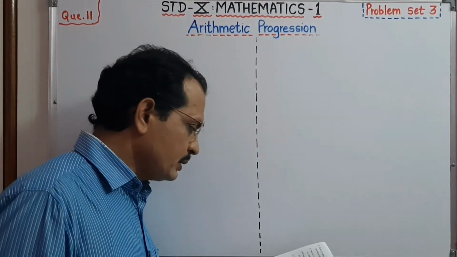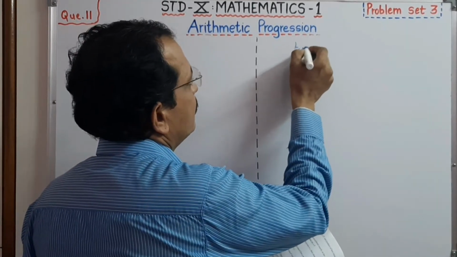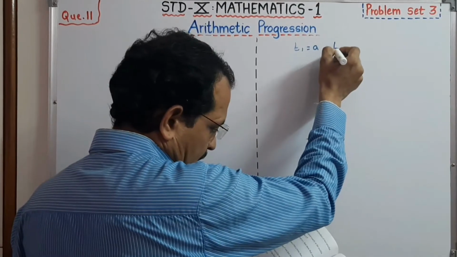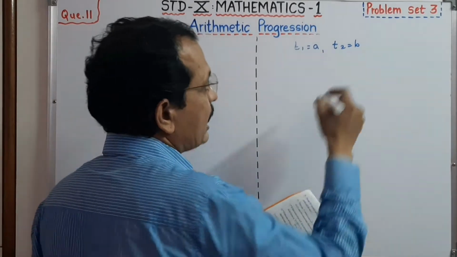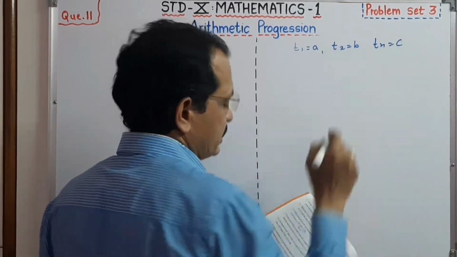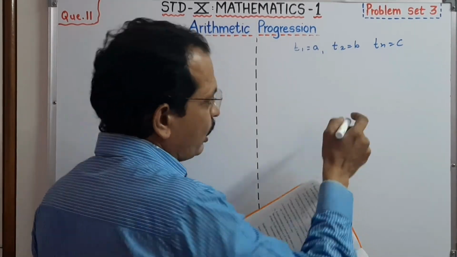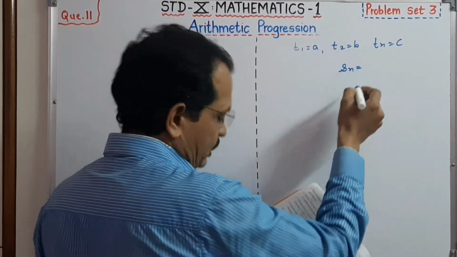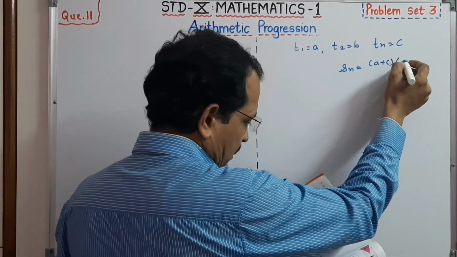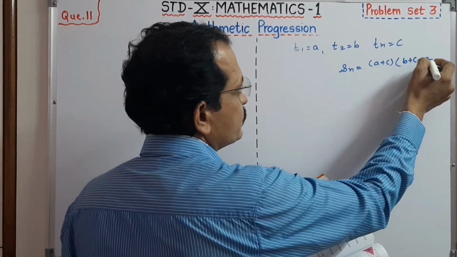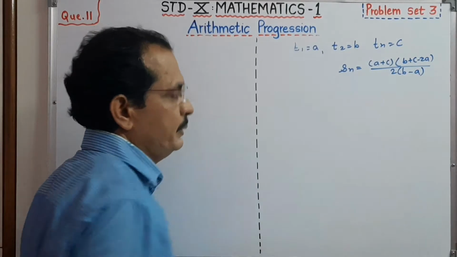See dear student, first term of an AP is a, that is T1 is equal to a, second term T2 is equal to b, and the last term, that means Tn, is equal to c. And what we have to show, the sum of all the terms, that is Sn is equal to (a plus c) into (b plus c minus 2a) upon 2 into (b minus a).